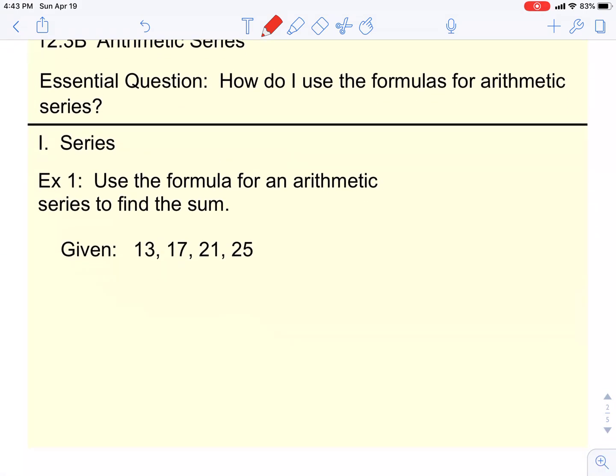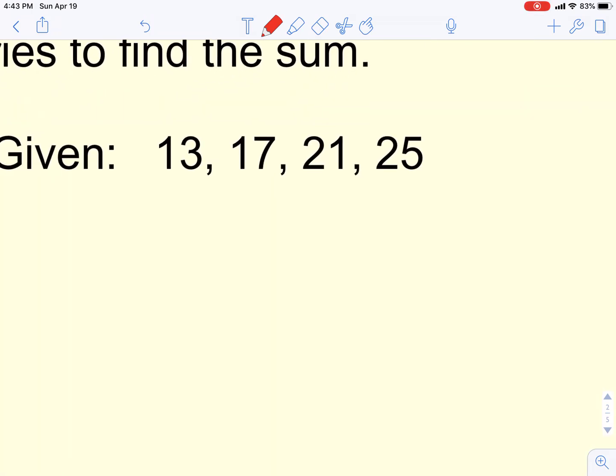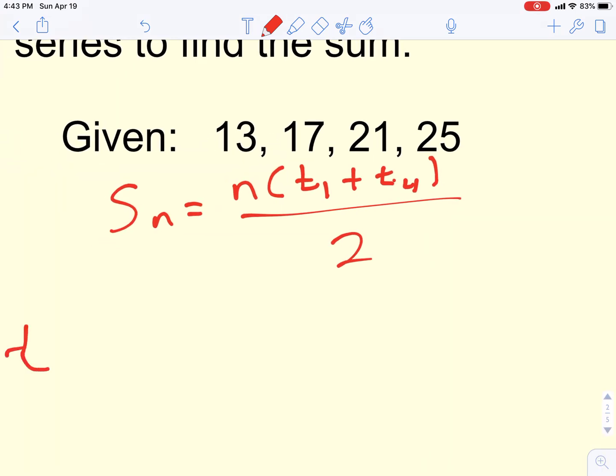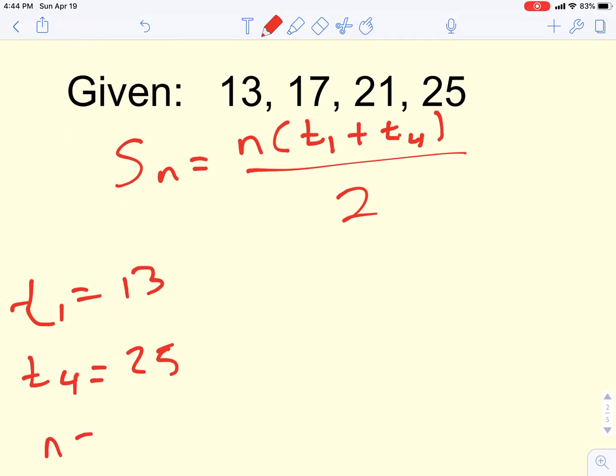All right, so use the formula for an arithmetic series to find the sum. Again, here are the first 4 terms. You can easily add them up in the calculator. I get that, but we're just showing you how to use the formula. Our formula is, not T, but S_n is equal to n times the first term plus, in this case, there are 4 terms, so the 4th term, divided by 2. T1 is 13, T4 is 25, n is 4.